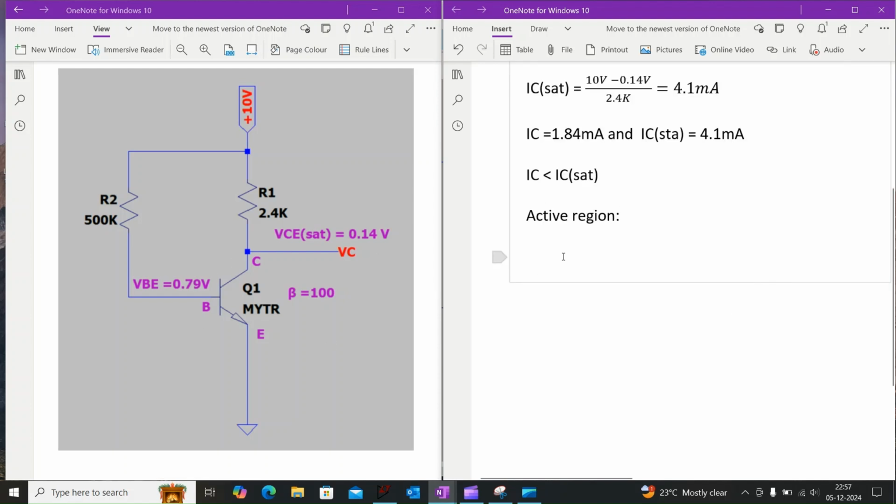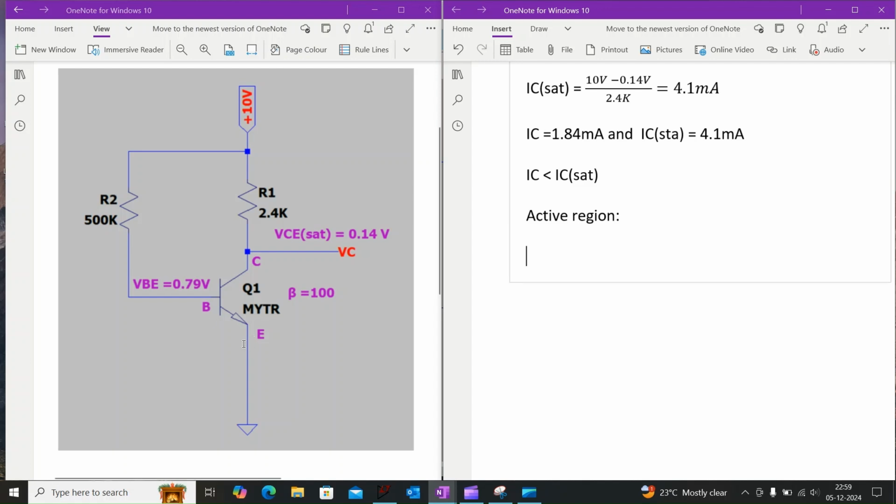To confirm that, we need to verify whether the base to emitter junction is forward biased and the collector to base junction is reverse biased. If the base to emitter junction is in forward bias and the collector to base junction is reverse bias, then we can call it the active region of the transistor.